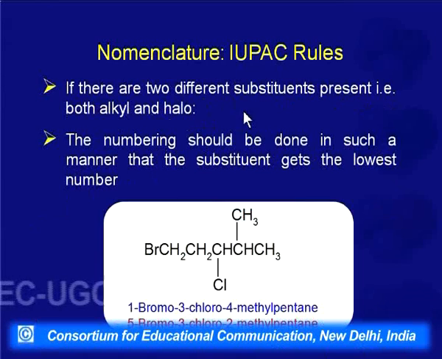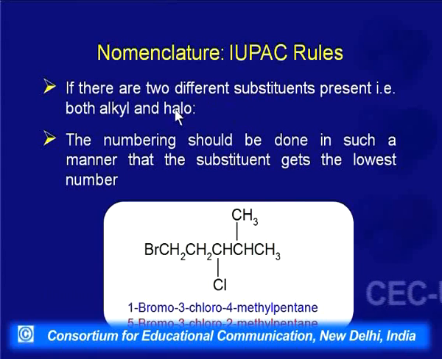If there are two different substituents present, that is two types, suppose we have alkyl as well as halo, what happens then? We saw the example where alkyl was a substituent in the previous slide also, but let's see how we name in such cases. The numbering should be done in such a manner that the substituent gets the lowest number. The general rule remains the same.